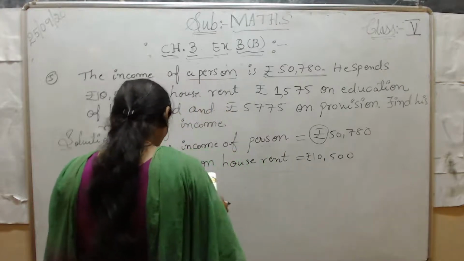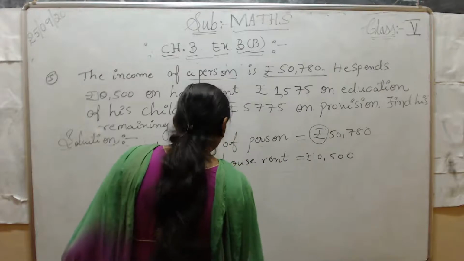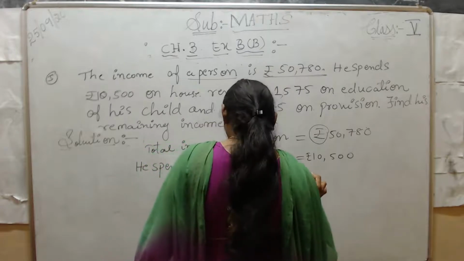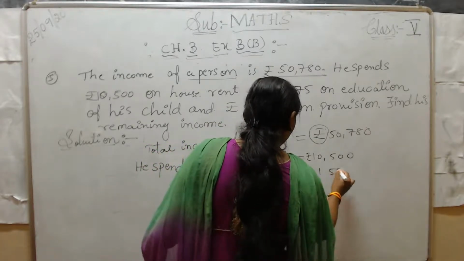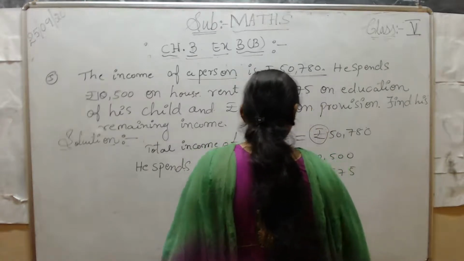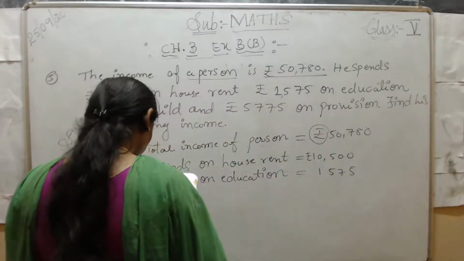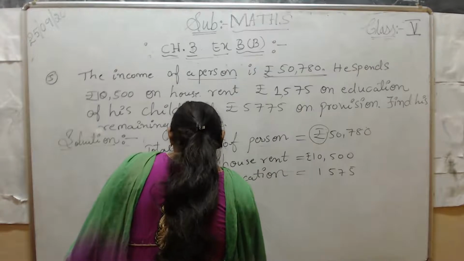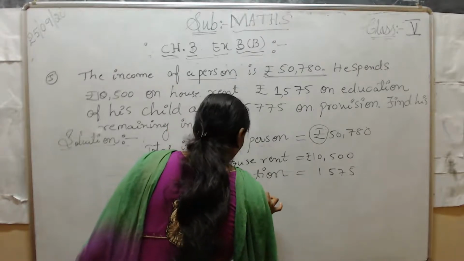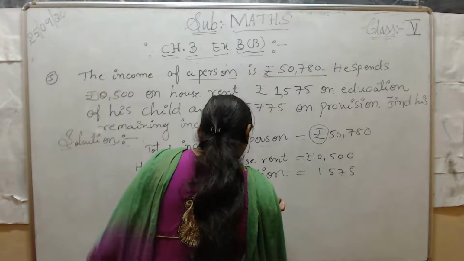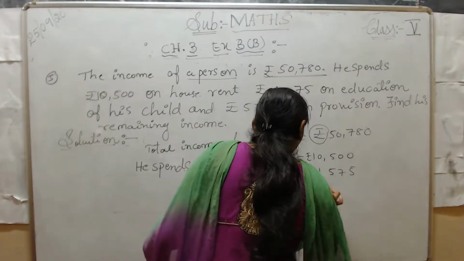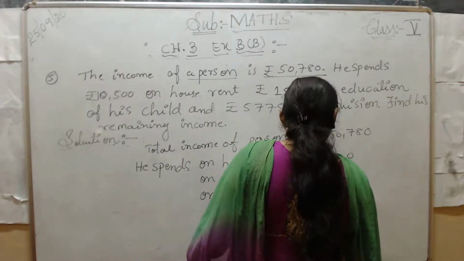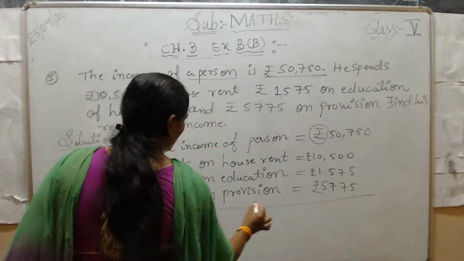Next, on education, 1,575. Next, on provisions, the total amount is 5,775.